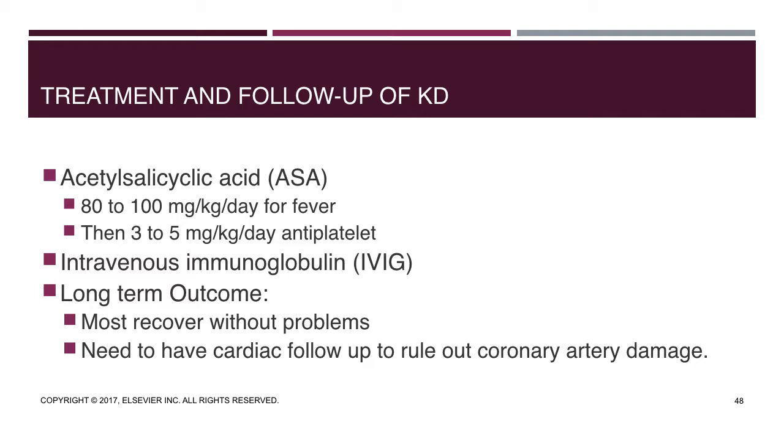And then, even after the fever is gone, they get 3 to 5 milligrams per kilo per day as an antiplatelet dose, so that they don't build up increased platelets. They're also given intravenous immunoglobulin. And their long-term outcome, most recover without any problems, but they need to have cardiac follow-up to rule out coronary artery damage.